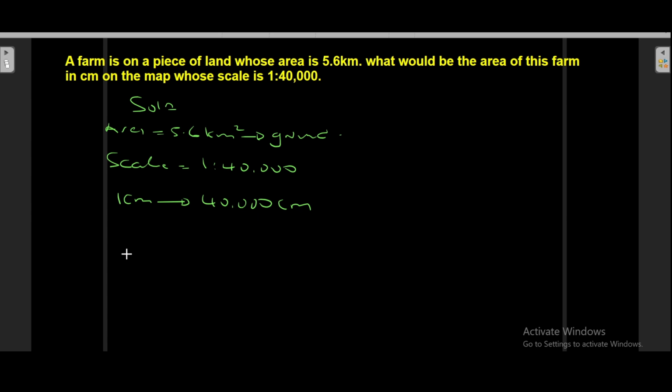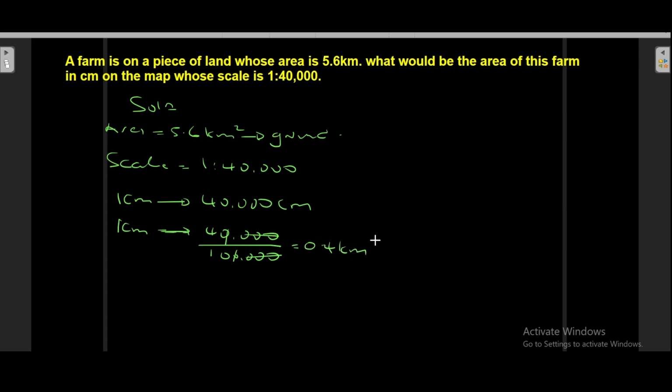That means that 1 centimeter will simply stand for 40,000 divided by 100,000. The 3 zeros go with that, this 0 goes with that, and we remain with 0.4 kilometers.